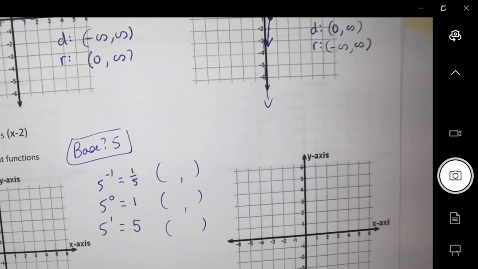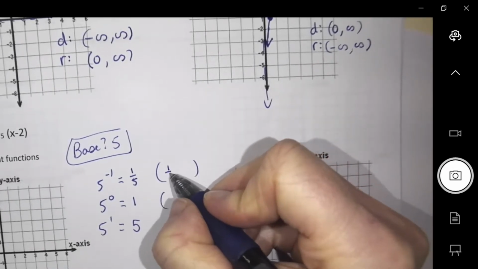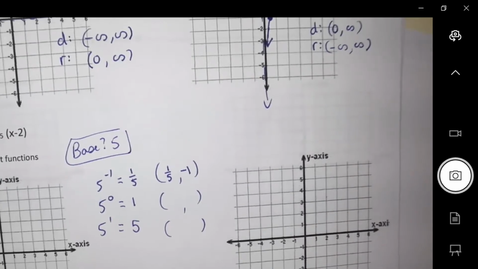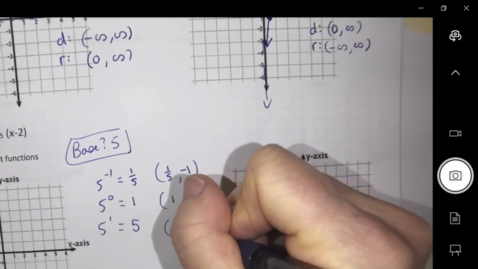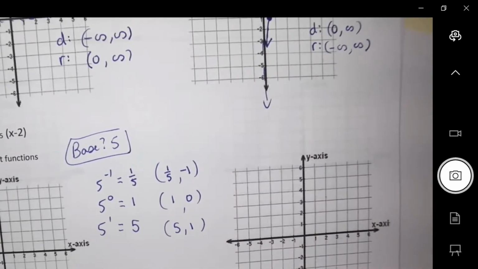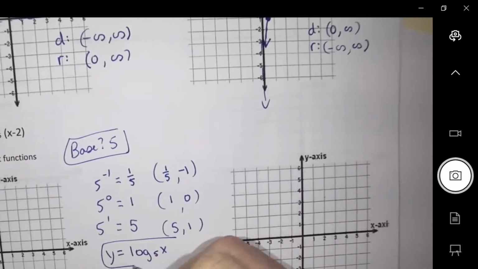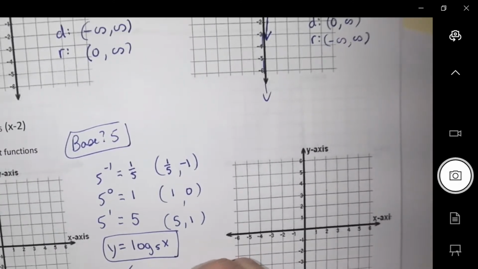Okay, this is a log graph, so I write the coordinate backwards, like that. Okay? So if an exponential, you write exponent, comma, result, but a log, you write result, comma, exponent, right? Because we're thinking backwards now. Okay, so I'm going to graph this function.